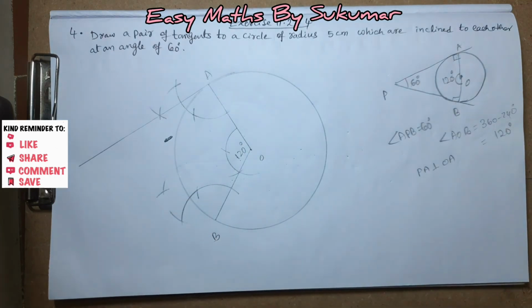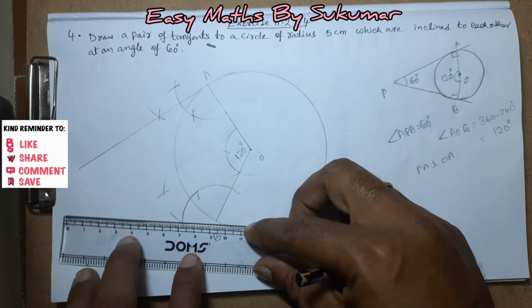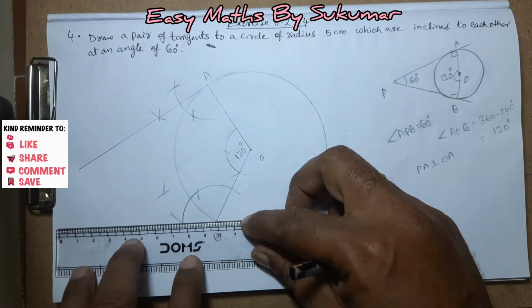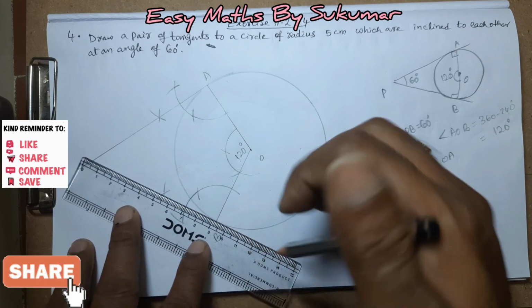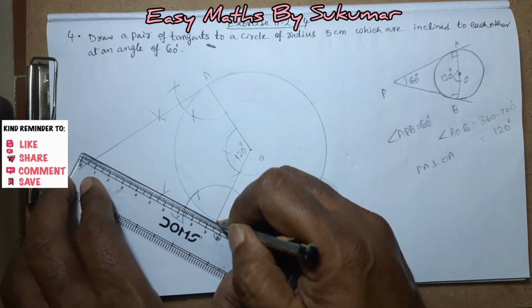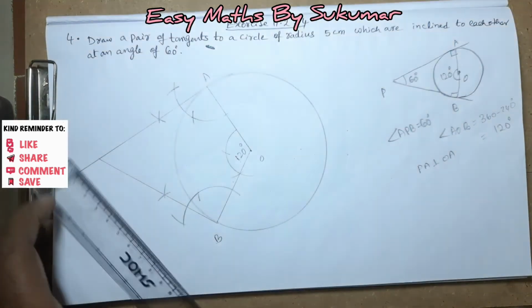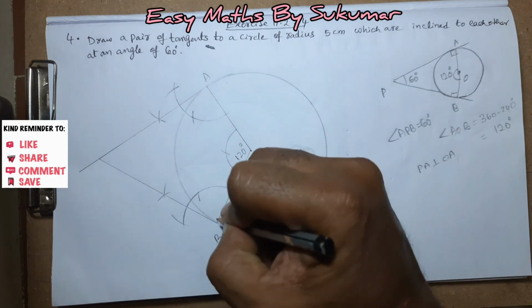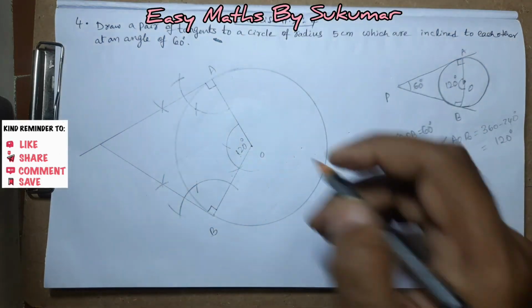Okay, now what I do here, now join this to the intersecting point, right. So this angle, you will notice this is 90 degrees and this is 90 degrees.